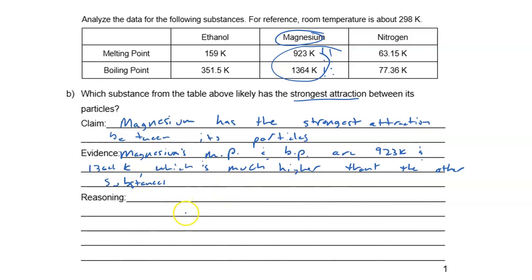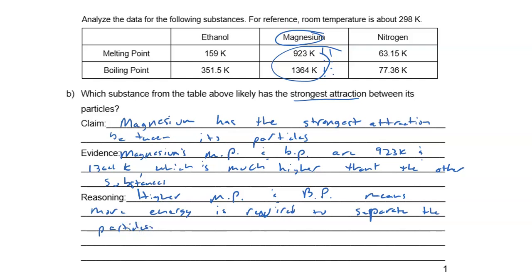Now the reasoning, we're looking for some way of saying that higher melting point and boiling point means more energy is required to separate particles.